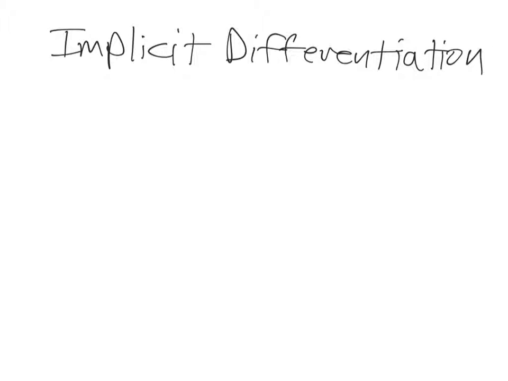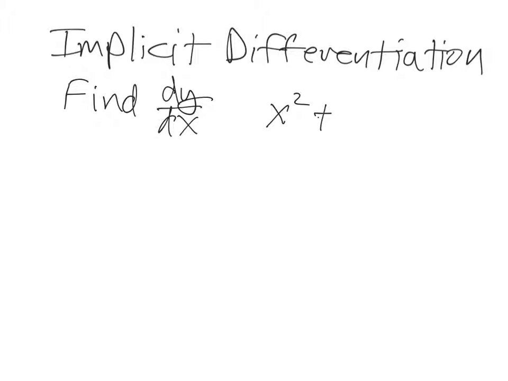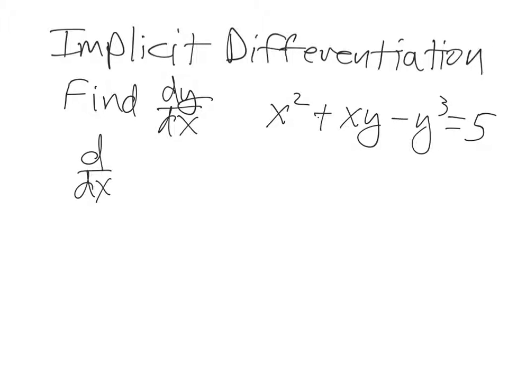Many of them involved x and y, so maybe it will be find dy by dx, given something like x squared plus xy minus y cubed equals 5. Well, this is your typical one. Take the derivative with respect to x on both sides.